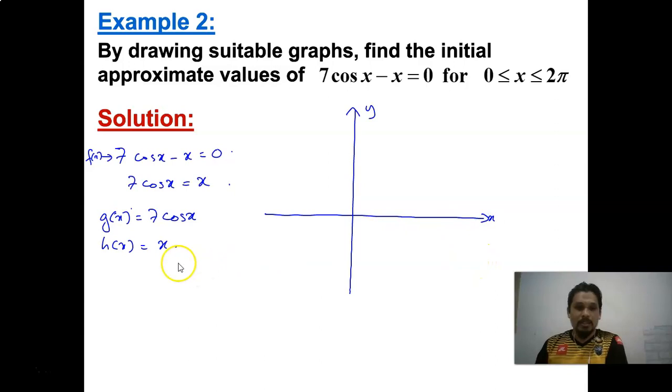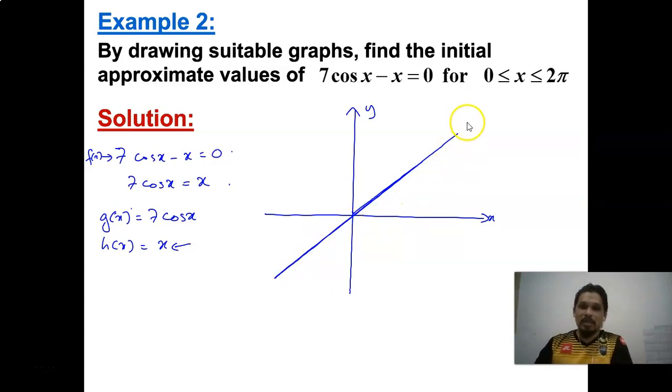So the first, which I think is the easiest one here, is h(x) equal to tan x, or y equal to tan x, meaning that the graph should be something like this. It is 45 degrees between the x and y axes.